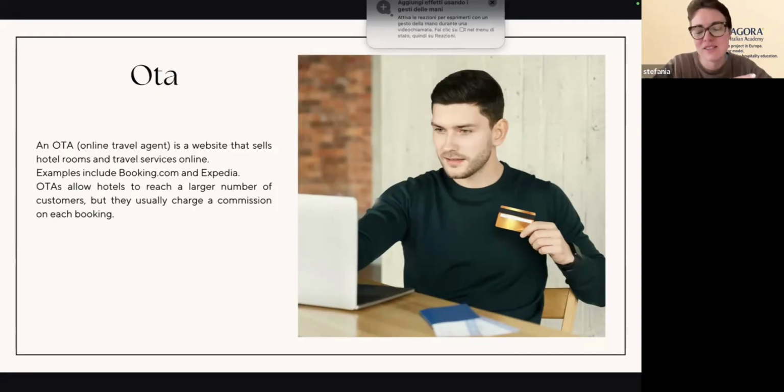You don't have to force the guests if they want to book on booking.com, because there you are getting points. You are booking.com level 1, level 2, level 3, and you are having discounts. That's why guests are booking with these kinds of systems.